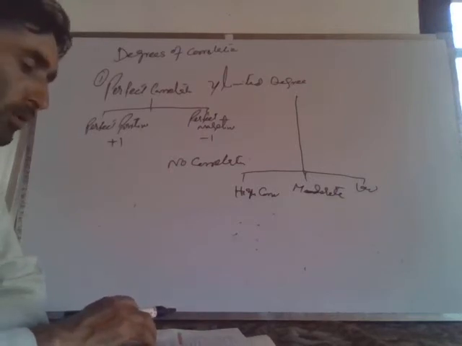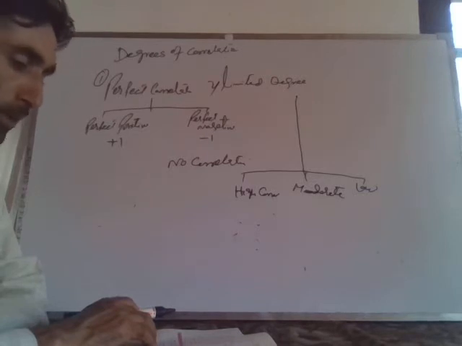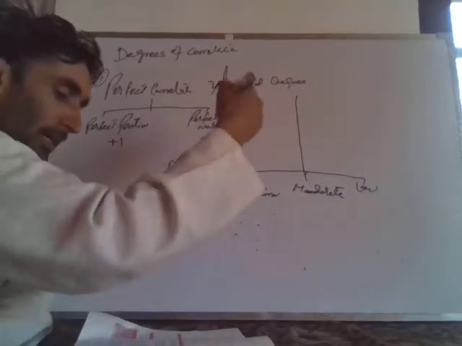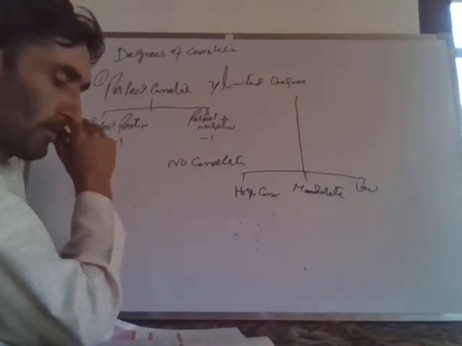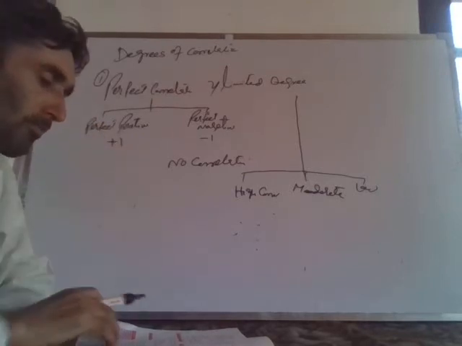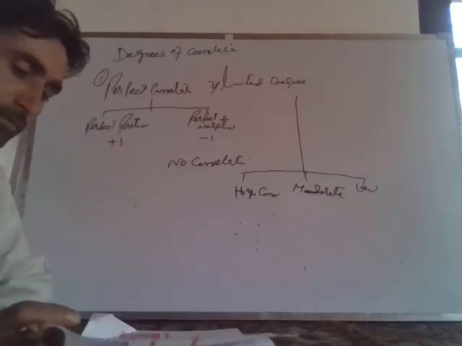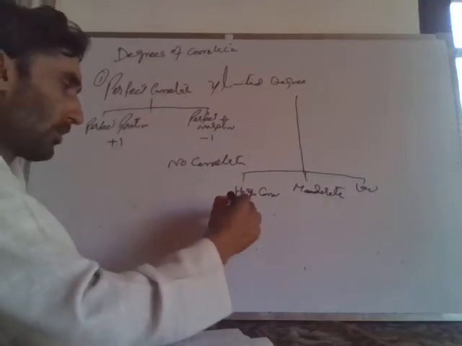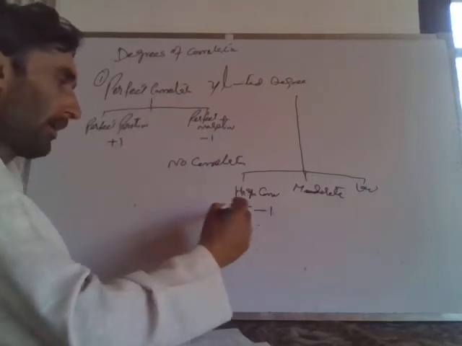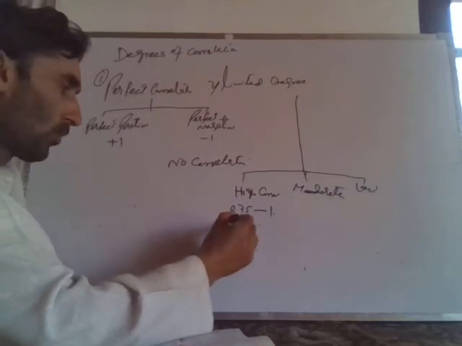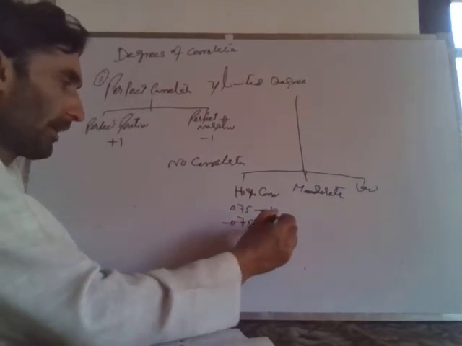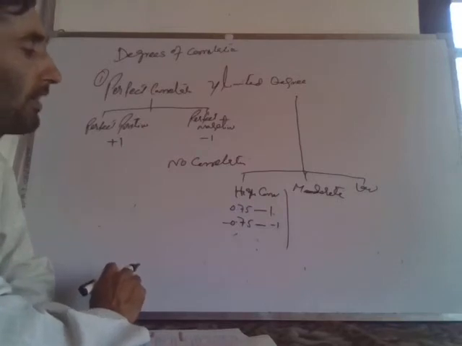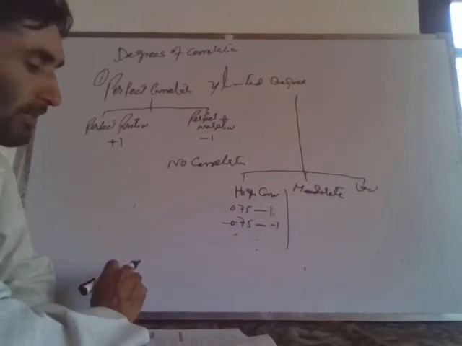When our values range between 0.5 and 1, and -0.5 and -1, that is when our values are between 0.75 to 1 or -0.75 to -1, this is high degree of correlation.